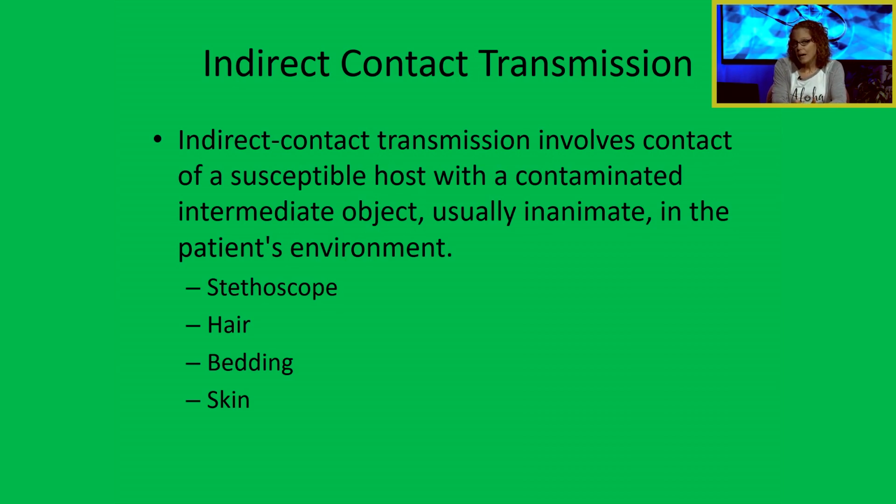This can be from hair, this can be from bedding, and from skin. So these are usually inanimate objects. Even a bedside table can have infectious material on it in the patient's environment. And so we want to make sure that we are cleaning our stethoscope in between each use.